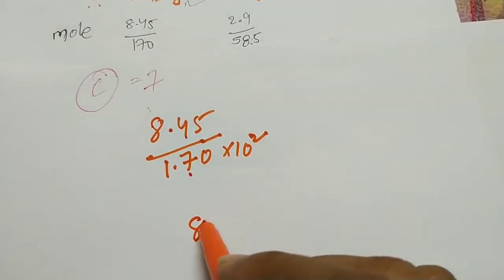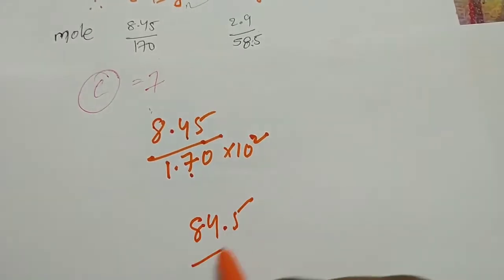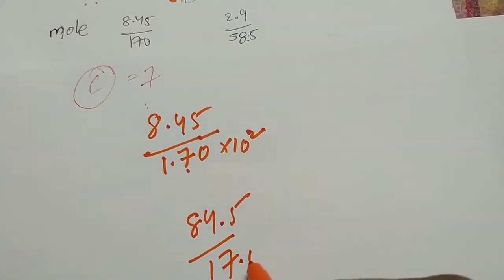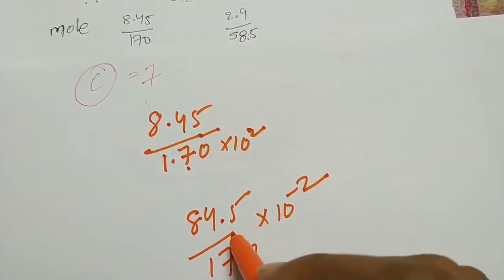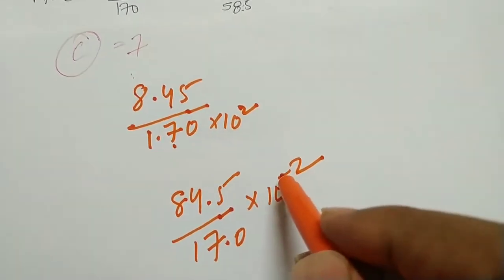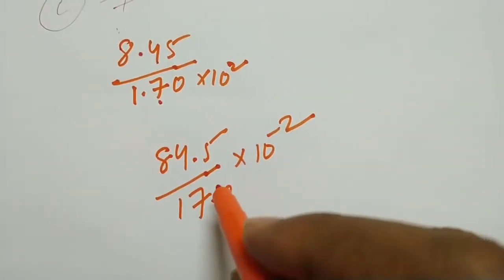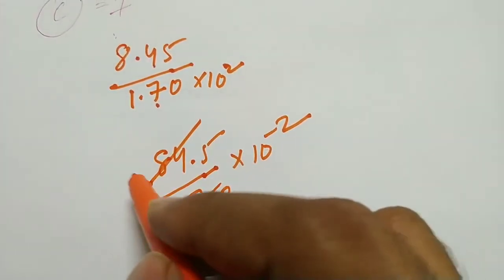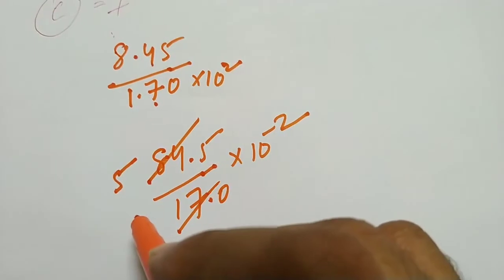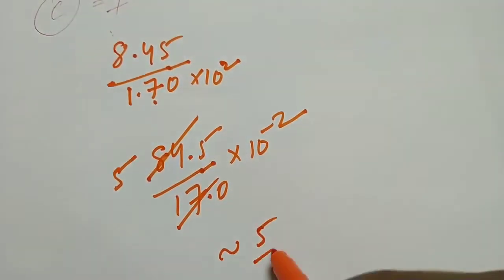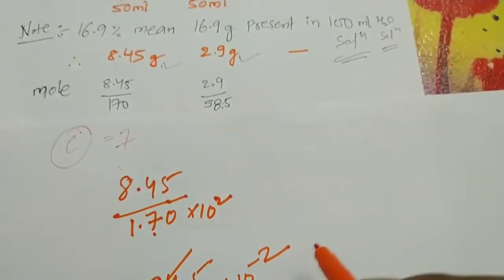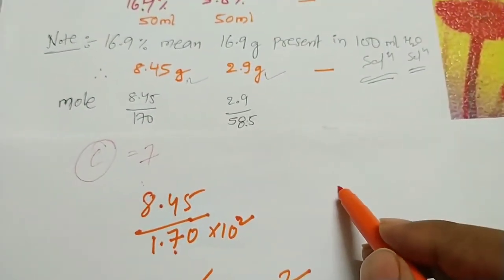I can write here 84.5 upon 17.0 into 10 power minus 2. This 10 is going up, so 10 power minus 2. Now 17 fives are approximately 85. So approximately it is 5.